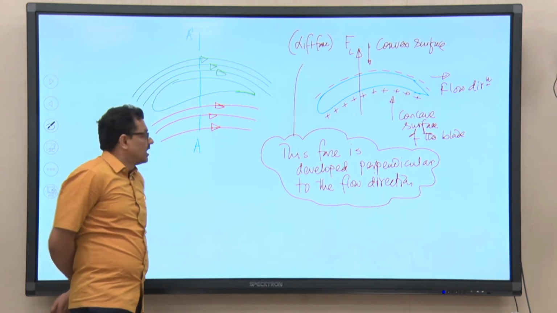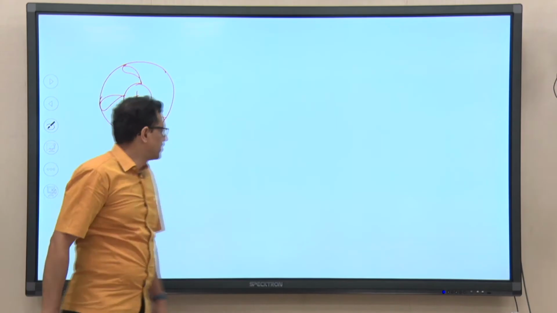Okay. So, if we now consider the impeller of a radial flow pump, you can see I have tried to show a few blades, and all the blades have the shape of an isolated airfoil.